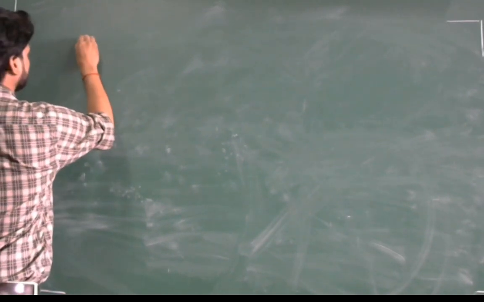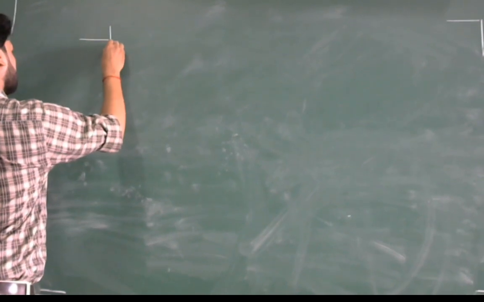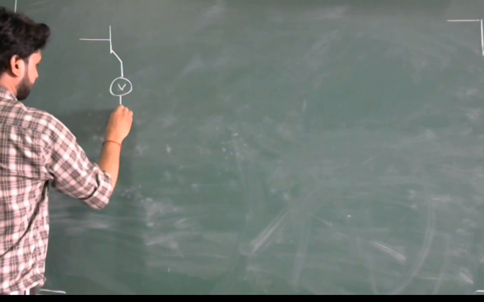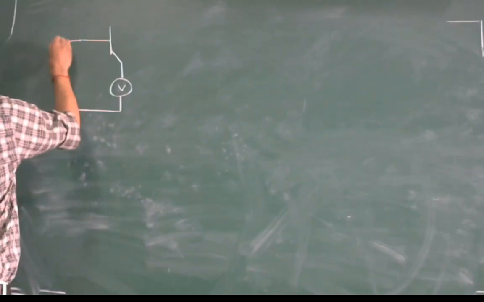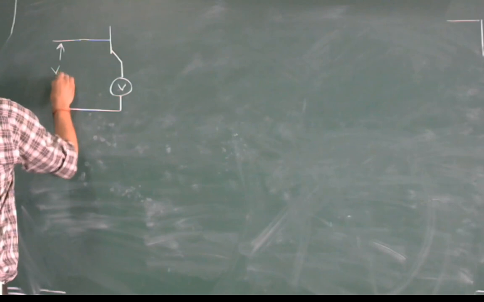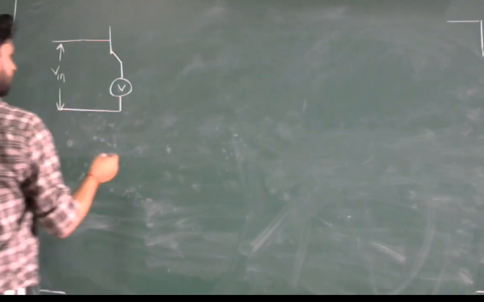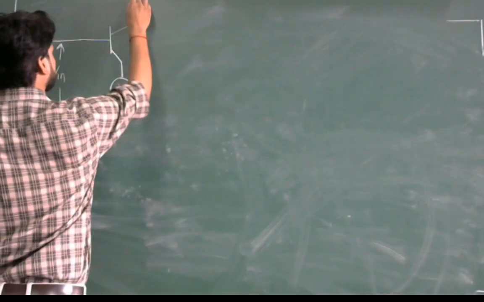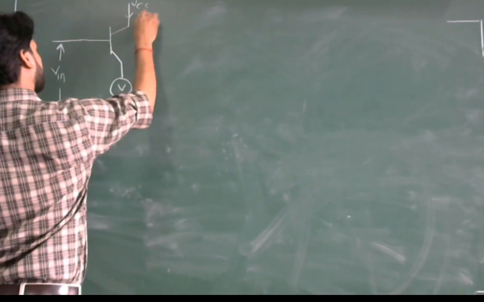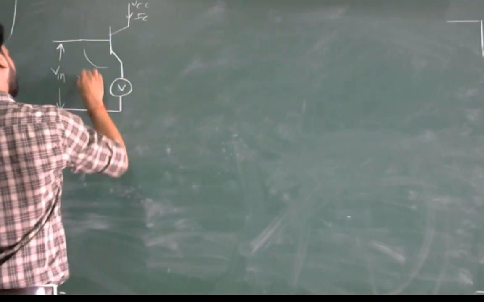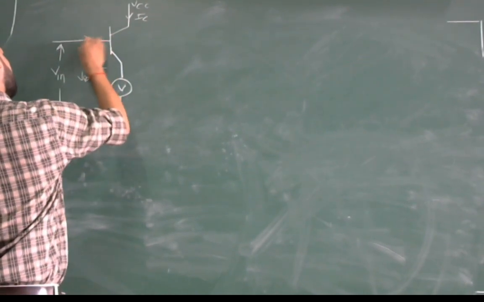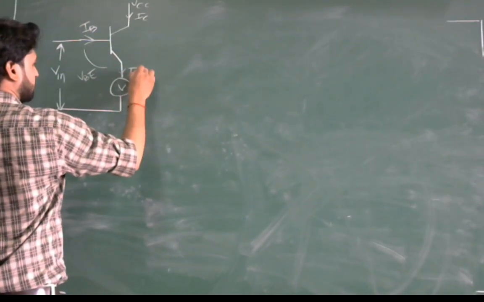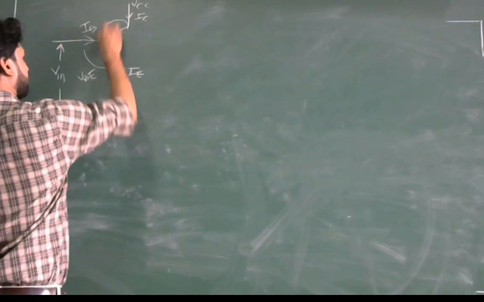So this is the device, this is the input terminal V in, this is VCC, current is IC, this is VBE, current is IB, and this is current IE.